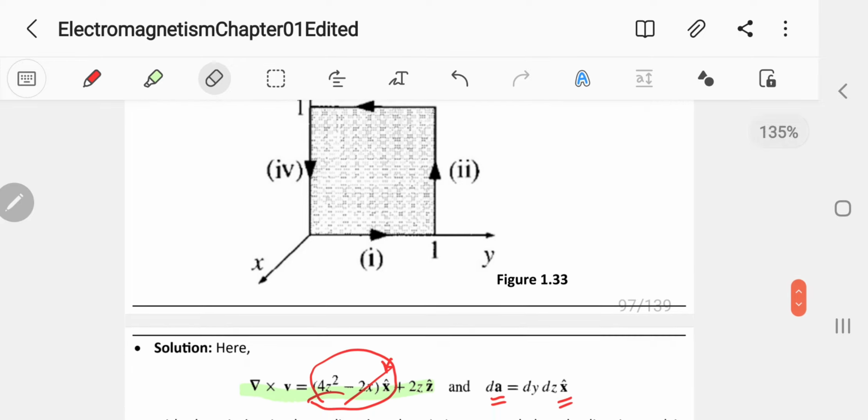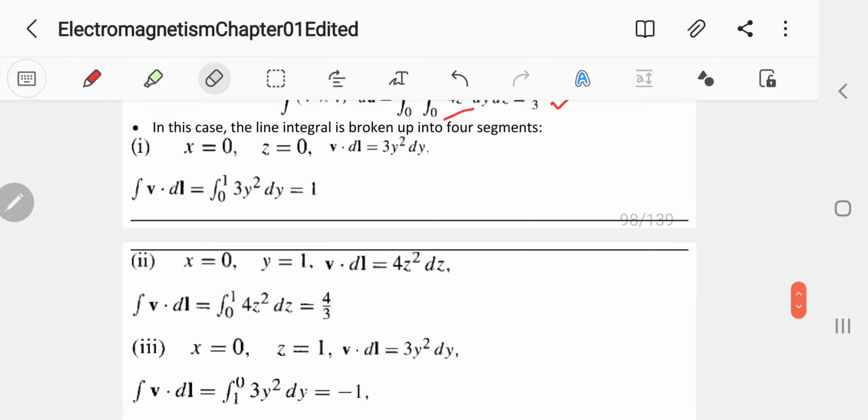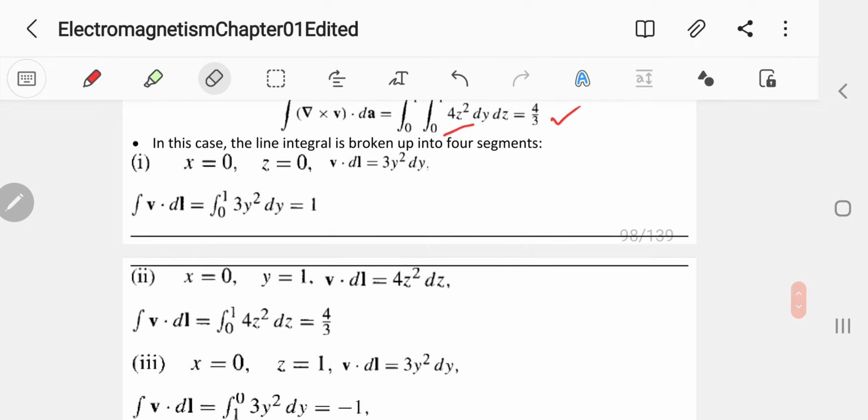So let's do the integral. You have v dot dl, in that case for segment 1 it is only dy.